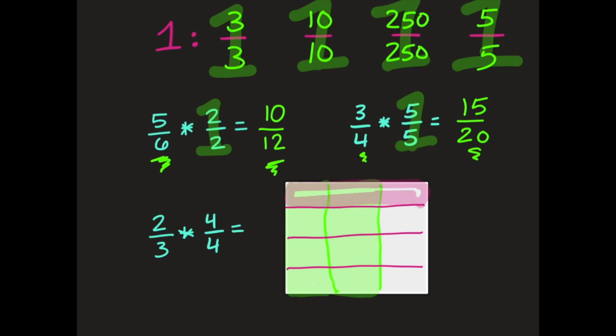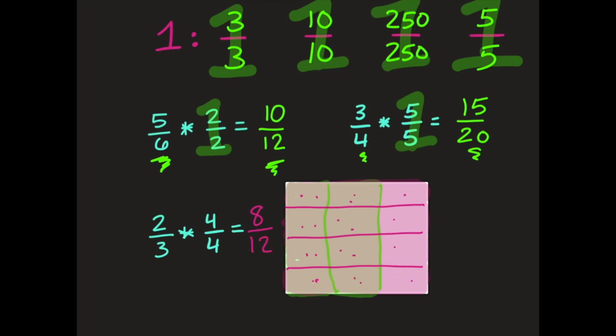1, 2, 3, and finally 4. So when I'm looking at this problem here, 2/3 is going to be the same as 1, 2, 3, 4, 5, 6, 7, 8. 8, and how many of them am I out of? 1, 2, 3, 4, 5, 6, 7, 8, 9, 10, 11, 12.